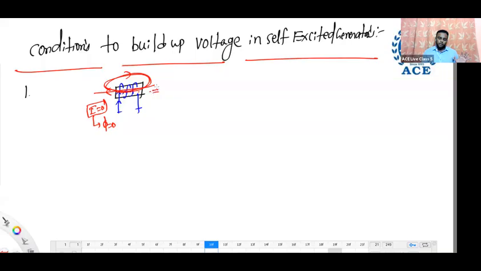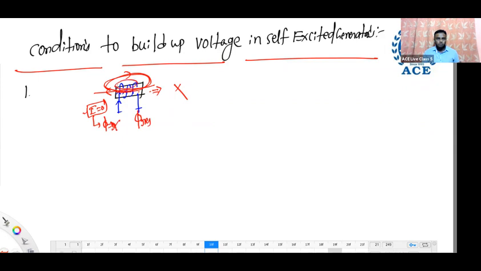This type of magnet we should not prefer in self-excited generators, as they don't have any retentivity property. That's why we have to choose a good ferromagnetic material, so that even when current is 0, the flux is not immediately 0. A small amount of flux is still present.